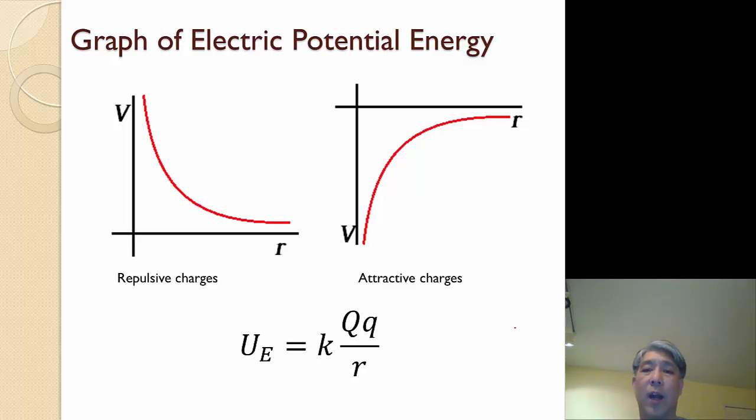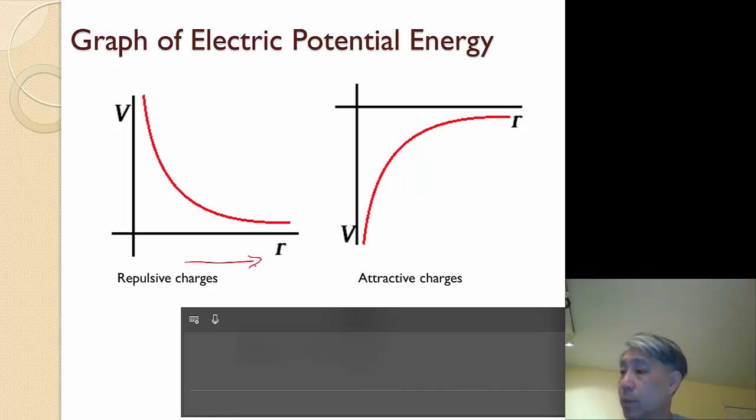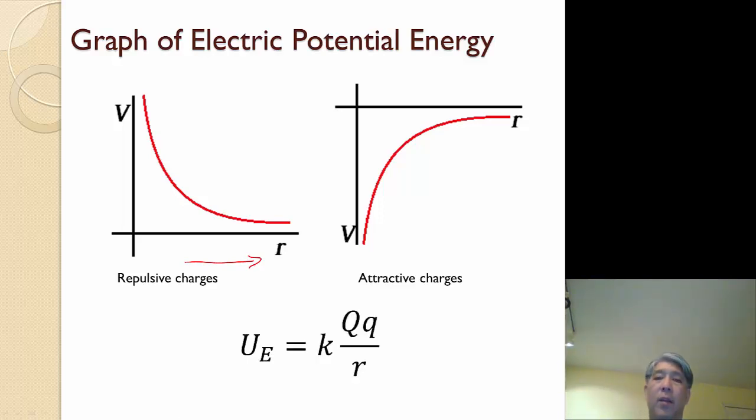I'm not going to ask you what the shape of this curve is because that really belongs in math class, but it's very useful to know. Notice as I move farther away, my r increases, and the magnitude decreases, or you could say it approaches zero, whether it's positively or negatively.